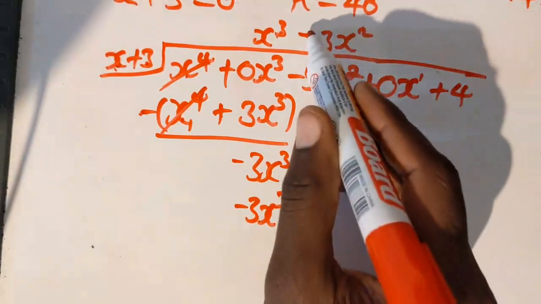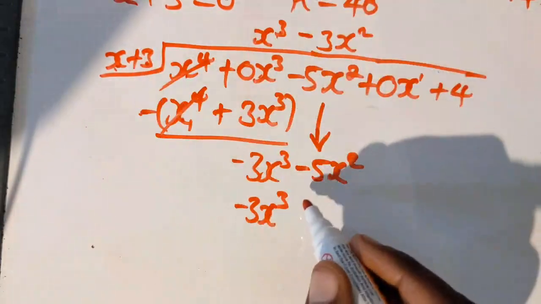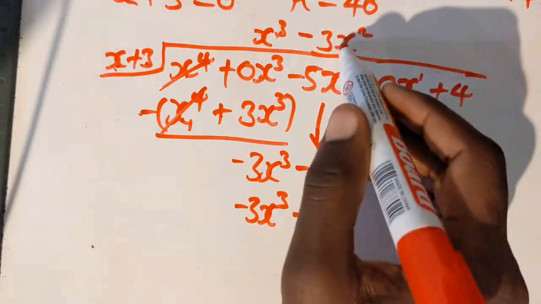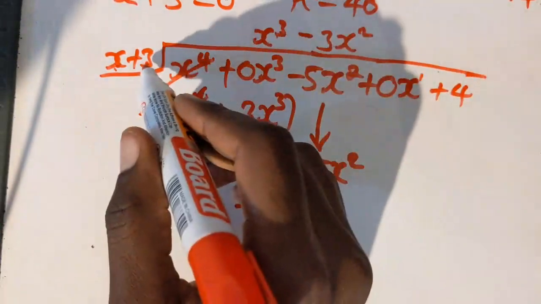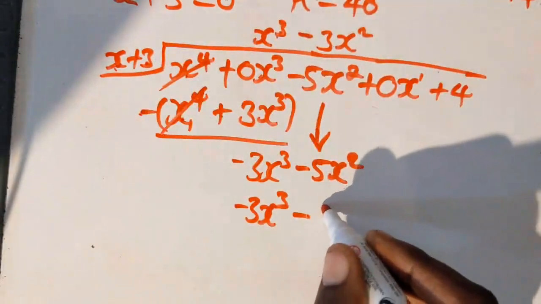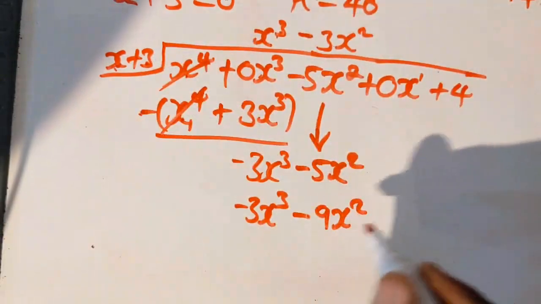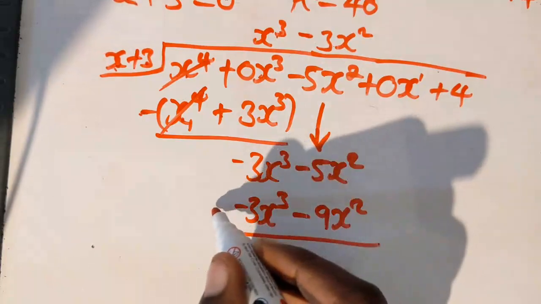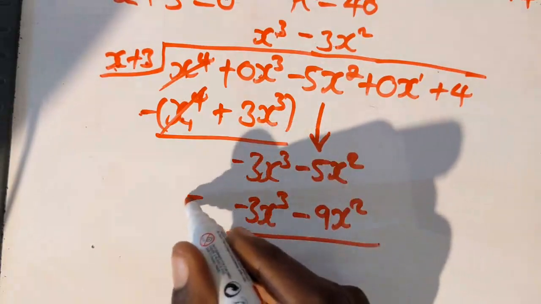Then negative times positive is going to give you what? Negative. Then 3x squared times 3 is going to give you 9x squared. Okay, here you subtract like that.